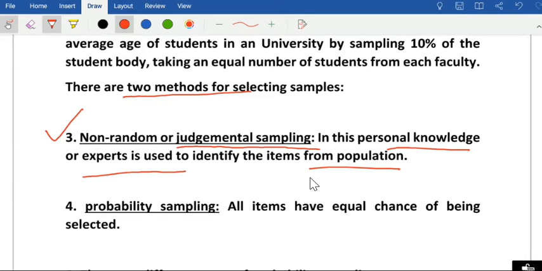That means the statistician uses their own judgment to draw the conclusion, so that becomes non-random sampling. And the second one is probability sampling, where all items have an equal chance of being selected. Like if I take the example of a class having 40 students, and randomly you want to select one or two for some program, all will have an equal chance of being selected. This is called probability sampling.